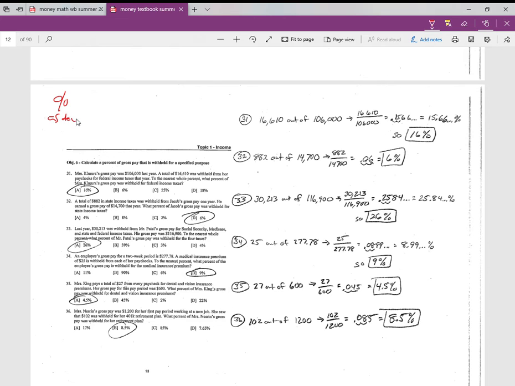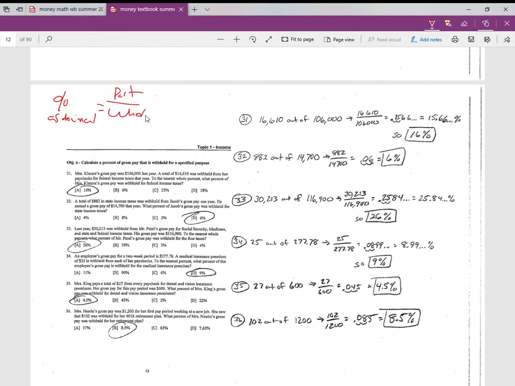Excuse the writing, it's kind of hard with the mouse. So percent as a decimal is going to equal, you're going to take the part over the whole.